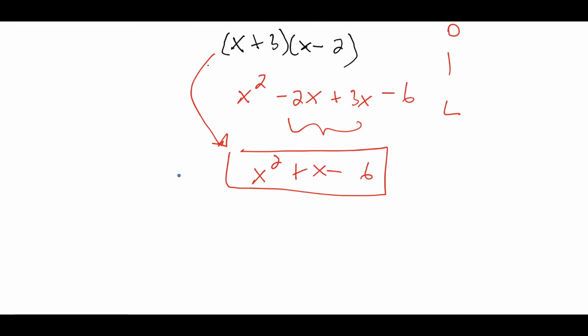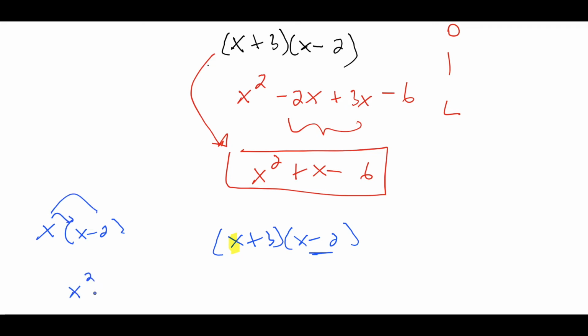But it's actually the same thing as doing this. Look, what if you just had this x right here, and you had x minus 2, and you distributed, what would you get? You get x squared minus 2x. And let's say that you had this 3 right here, and you have x minus 2.